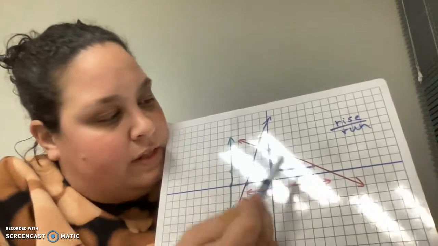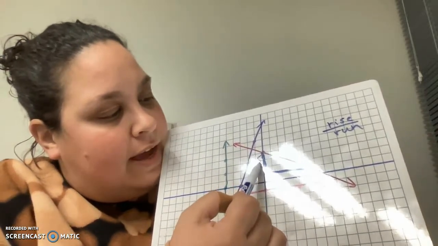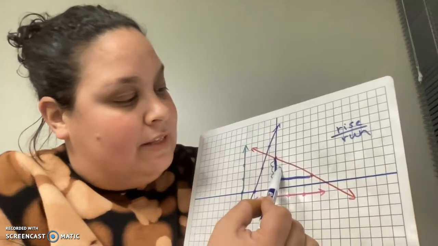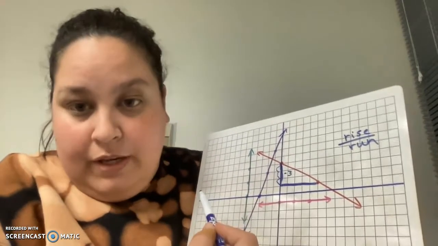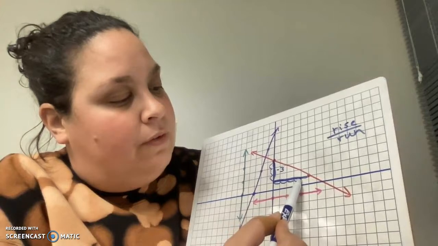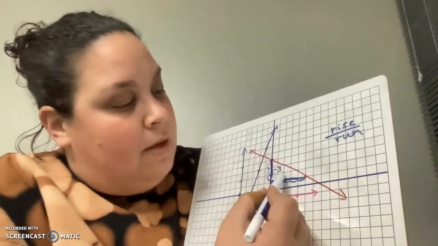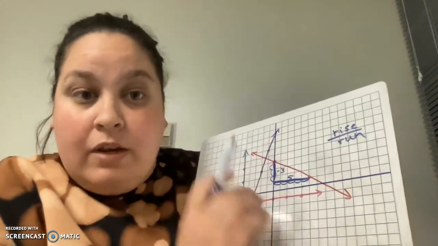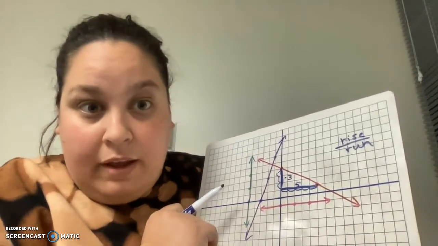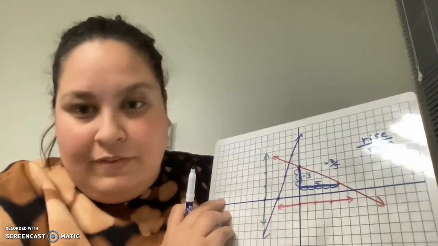From this point to this point, I had to go down 3 boxes. Because I went down, that means that it's a -3. And then I had to go over 1, 2, 3, 4, 5 boxes. Because I'm going to the right, we know that that means +5. If I was going to the left, that would mean -5. So my slope for this red line is -3/5.